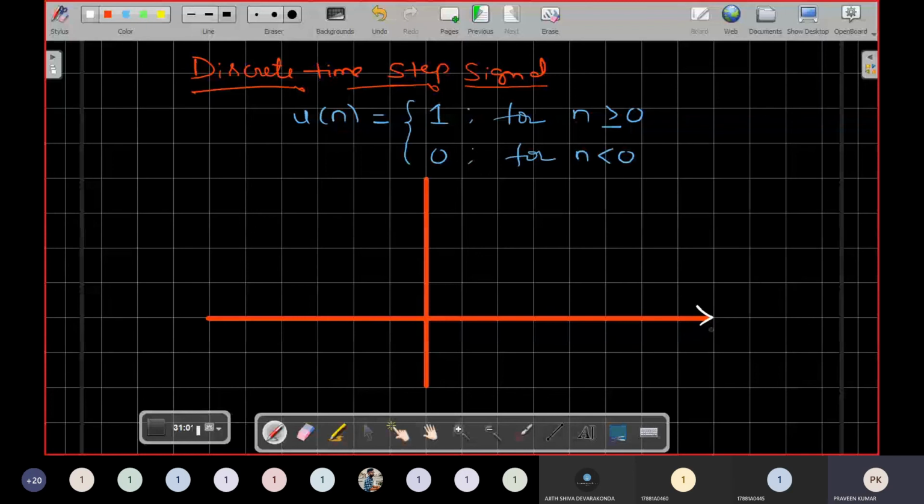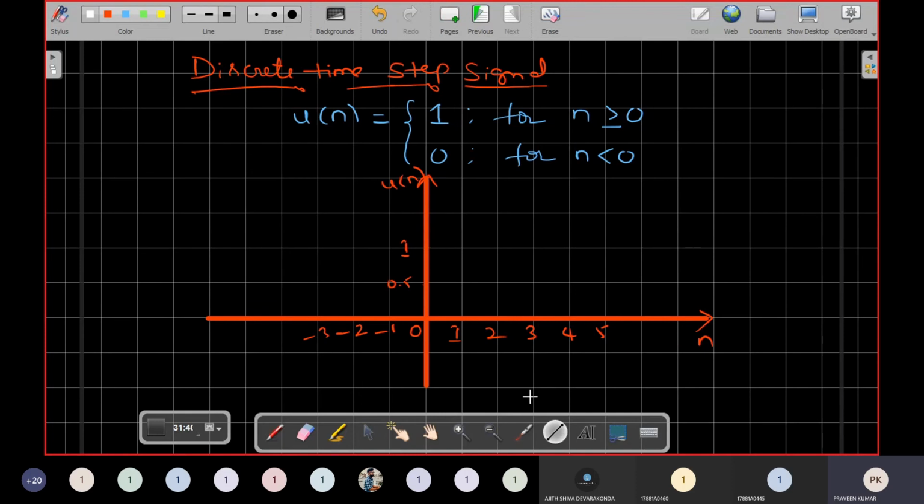This is your time, and the y-axis is your amplitude of n. So I am taking 0, 1, 2, 3, 5 and the negative times -1, -2, -3 and so on. Now the y-axis again like the previous, one block is 0.5.